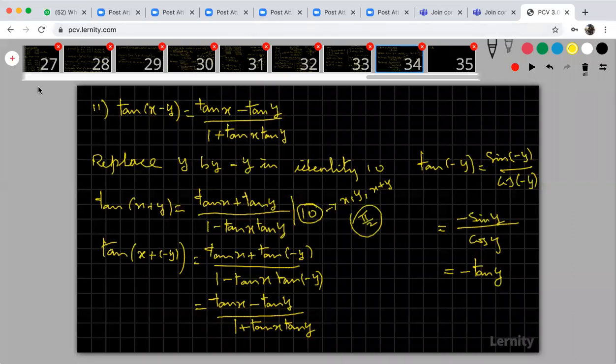Right. So coming to the 11th, the next one is the 12th.